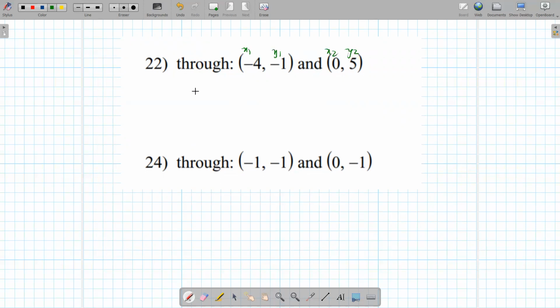The formula gives you slope m, okay? y2 minus y1 over x2 minus x1. So you have 5 minus -1 over 0 minus -4. So 6 over 4. So that is our slope, which is what? 3/2. Now what?